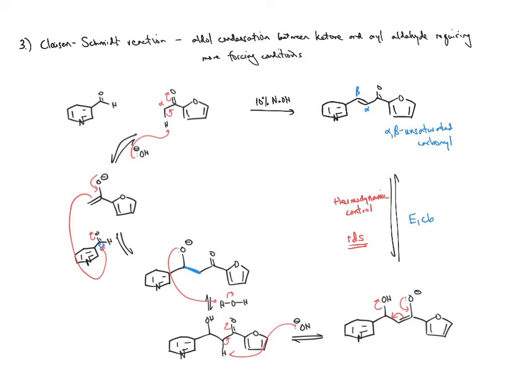So if you're thinking of this alpha-beta unsaturated carbonyl in terms of retrosynthesis, this alpha-beta unsaturated carbonyl comes from the aldol reaction followed by an E1CB mechanism. And so in order to do that, you need an aldol condensation reaction between a ketone and an aldehyde under forcing conditions.